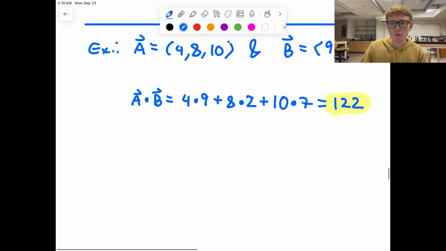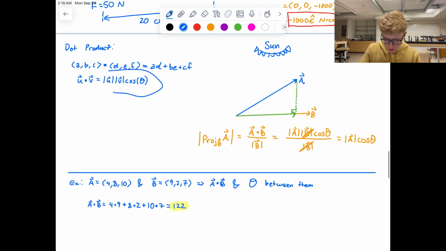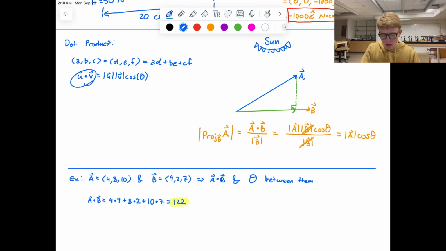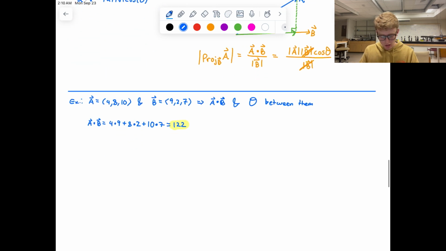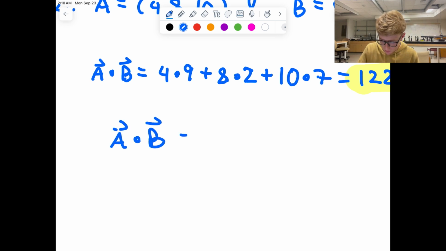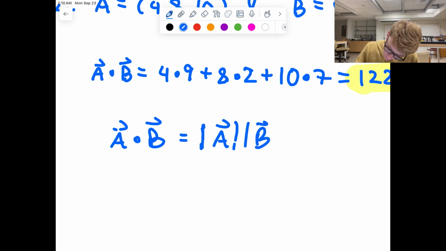Okay, so now let's find theta. So remember, we have this equation right here, and that's how we're going to find theta. We can easily find these two components, and then we can find theta because we know everything else. So we're going to have A dot B is equal to the magnitude of A times the magnitude of B times the cosine of the angle between them.